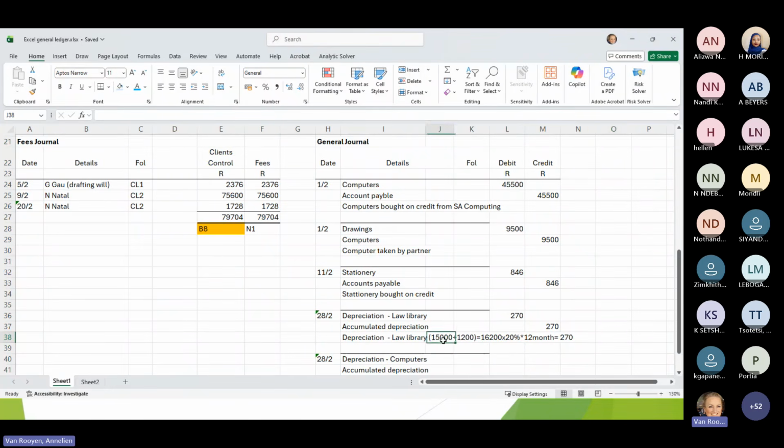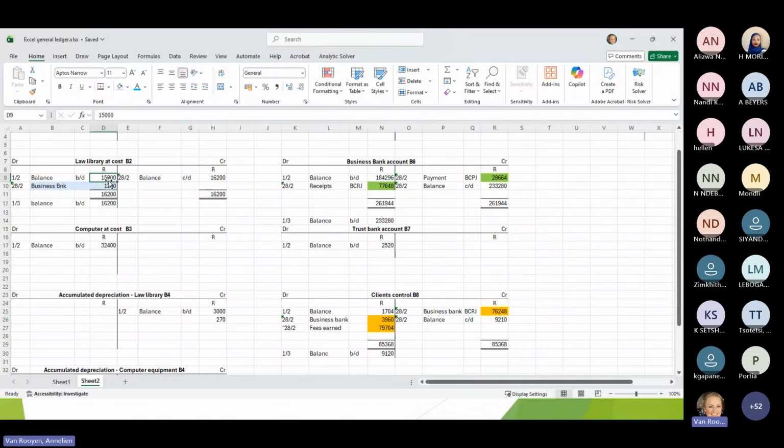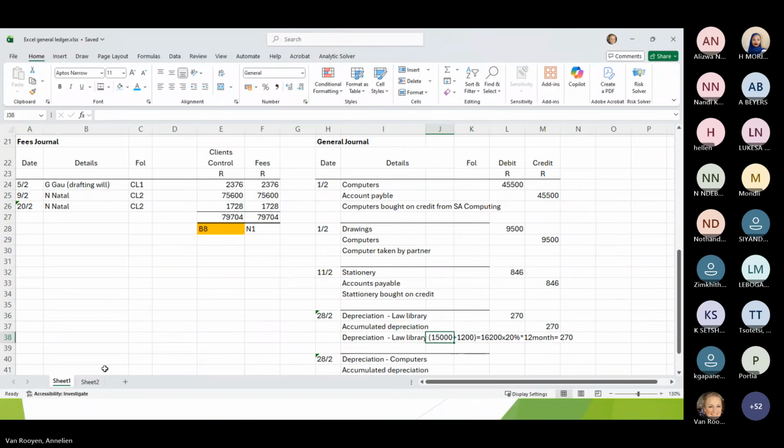It's the opening balance, 15,000, plus the new purchases of 1,200. So it means the total cost is 16,200. 16,200 times 20% depreciation that's given to you in the question. And then you divide by 12 months to determine how much is applicable to February, which is then 270.